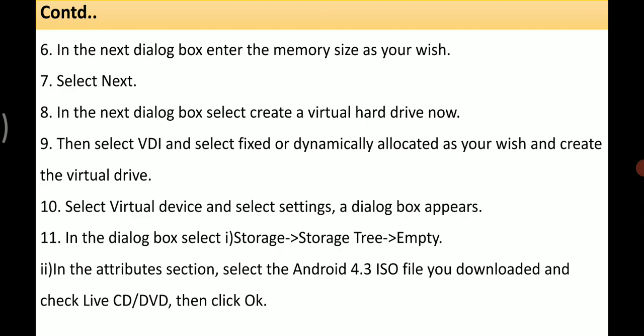Then in the Attributes section, we select the Android 4.3 ISO file that we downloaded, and we check whether it is Live CD or DVD. Then we click OK.